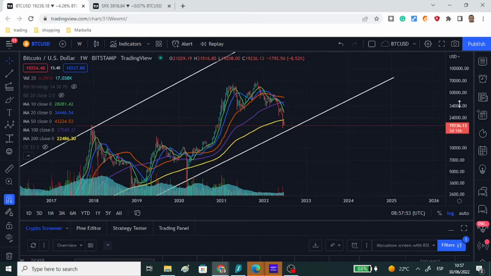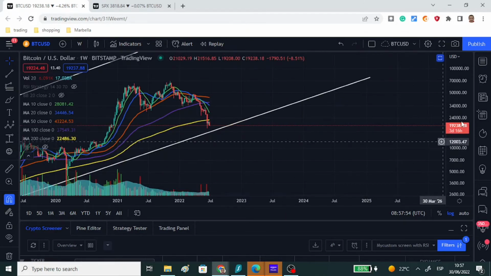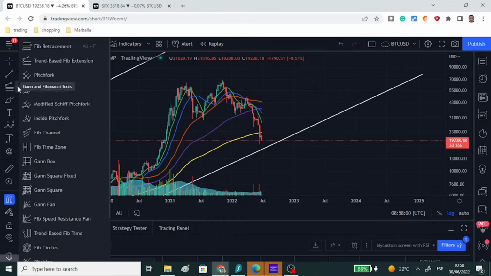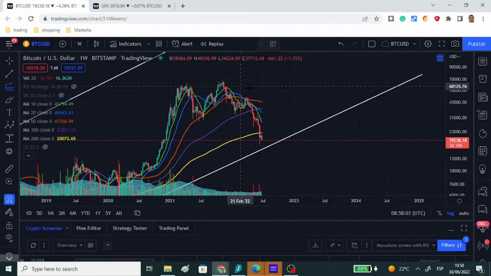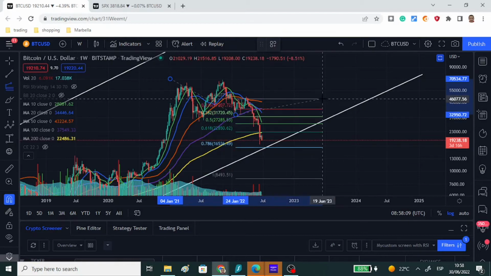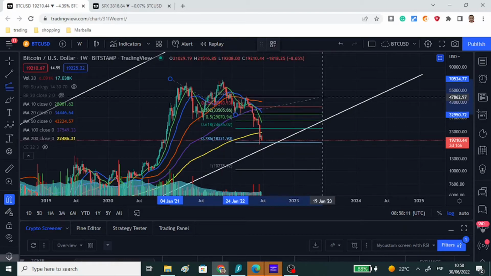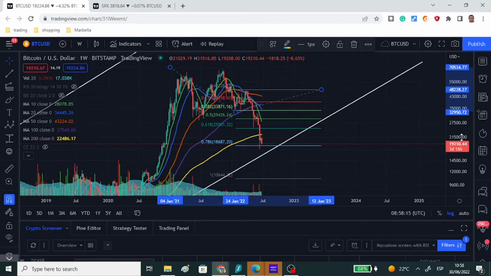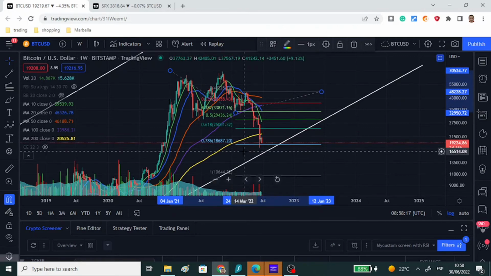Now let's see how much further it might drop. Let's look at the Fib extension here. Wow, we are just about to hit around the 0.786.